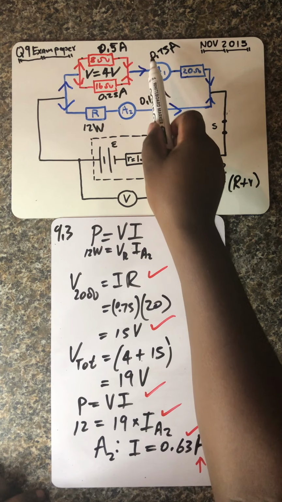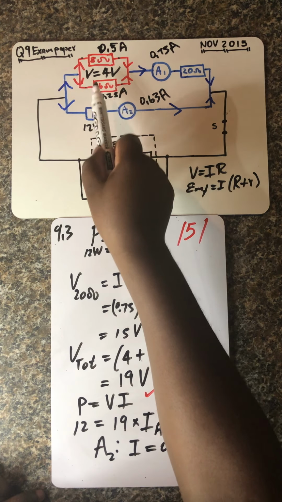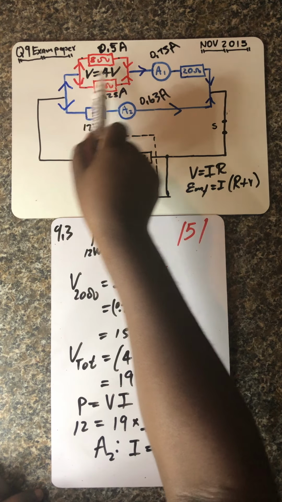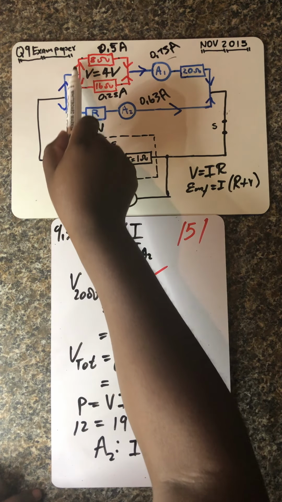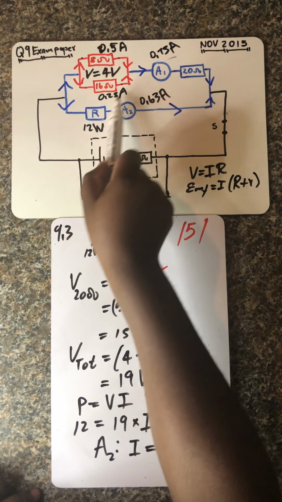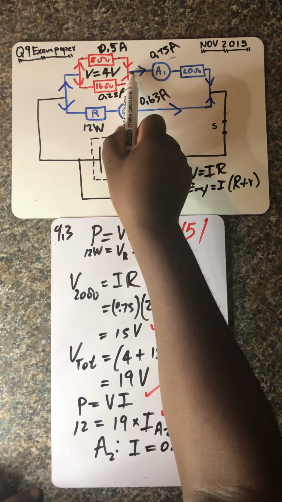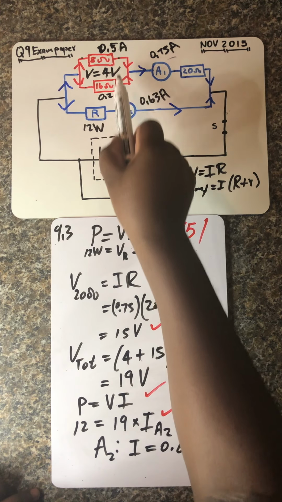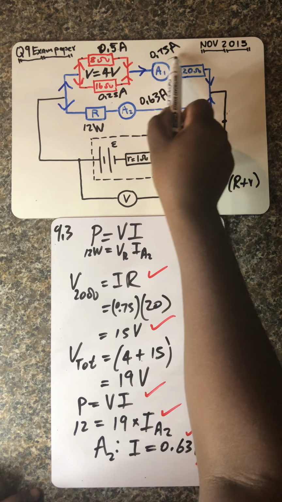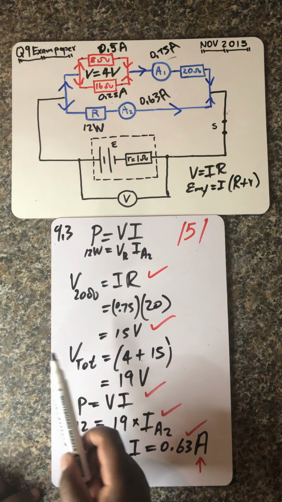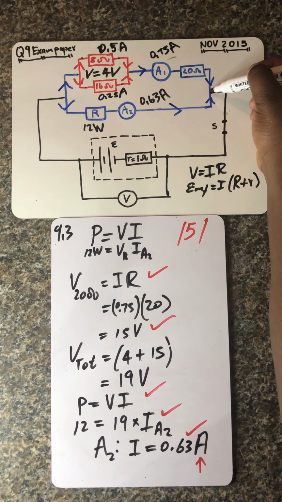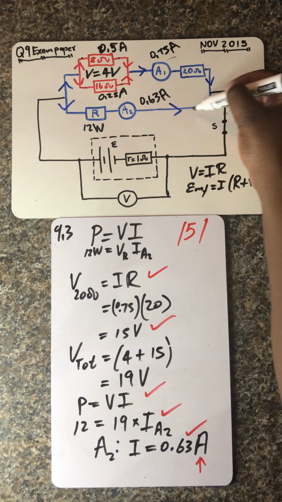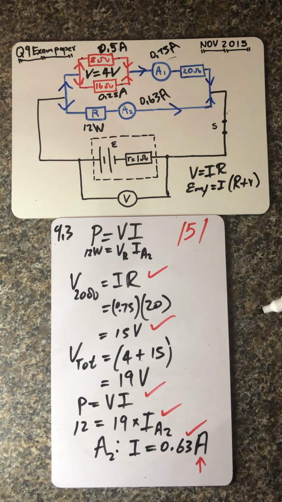As the current flows there, it's sharing that 0.75. So a part of it will flow through that side, a part of it will go through that side, and when it gets to that point, it is the combination of these two currents, then it's 0.75. So when it gets there, and obviously from that side, when it gets there, it combines, it joins.